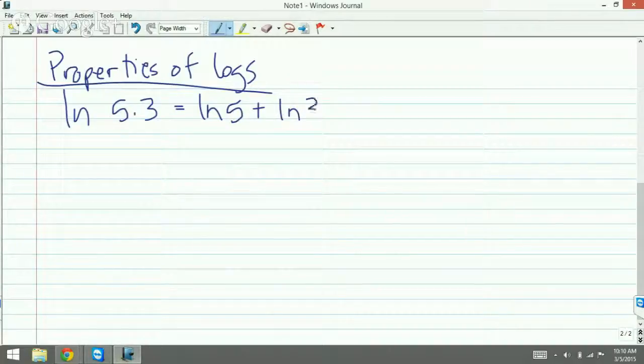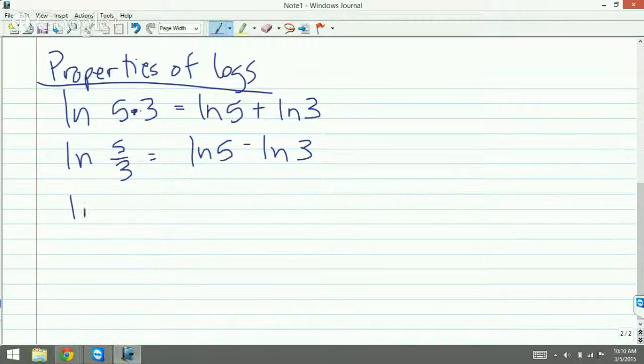Addition. Right. The properties still hold. That's times. And then if it's division, you can subtract. And then the exponent rule. All those still apply. Okay. Still use them.